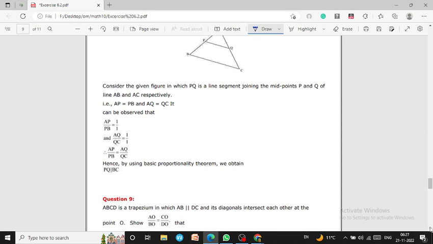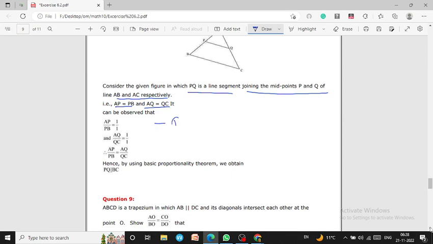Now in this figure, PQ is a line segment joining the midpoints P and Q of lines AB and AC. So here AP is equal to PB and AQ is equal to QC. Both are midpoints of AB and AC, so AP over PB is equal to 1 over 1 and AQ over QC is equal to 1 over 1.